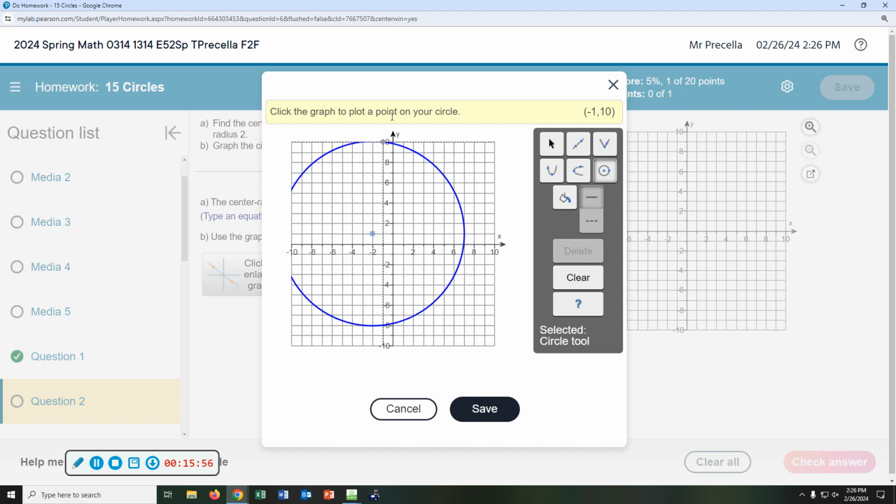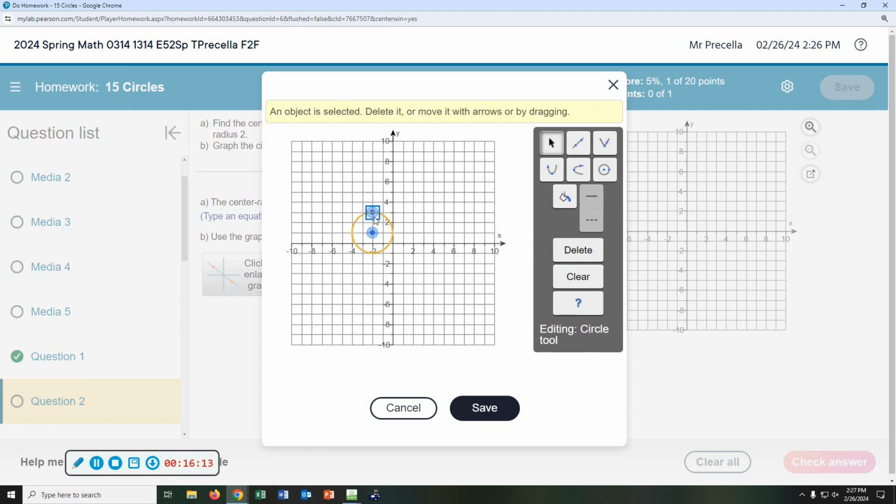It says to plot another point. Let's count up. What was my radius? 2. So I'm at 1, and I'm going to go up 2 units: 1, 2. Click. Notice if I'd counted 2 units to the right, or down, or to the left, I'd still get a point on that circle.